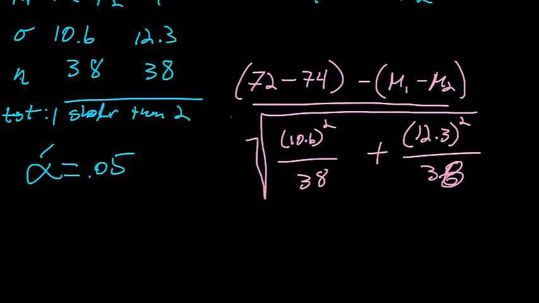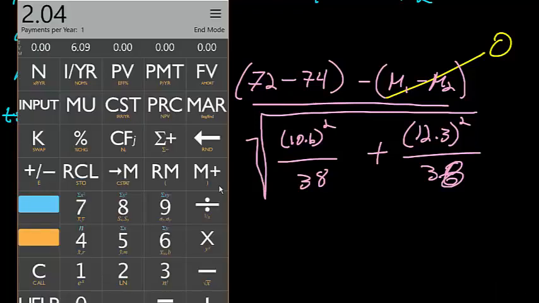The first thing we're going to do is note that our null hypothesis is going to make these two disappear. So those go to 0 right off the bat. Well, we'll just go ahead and do it all together. Where is my calculator? Here's my calculator.